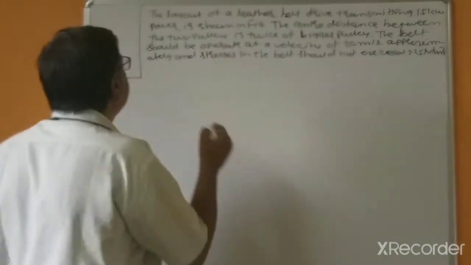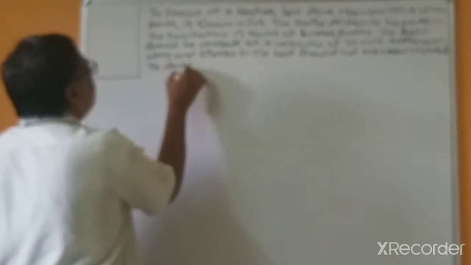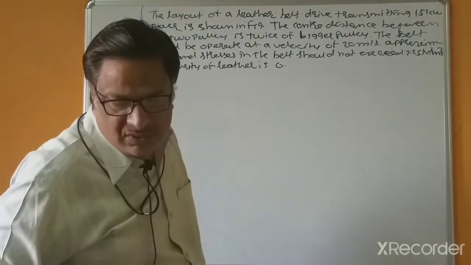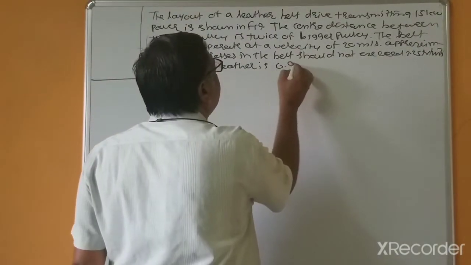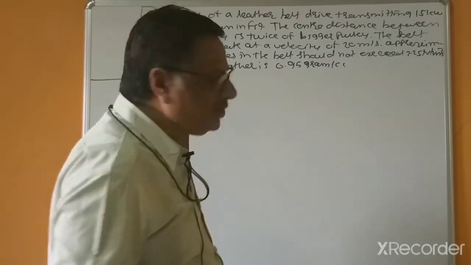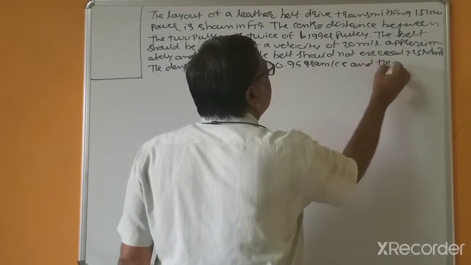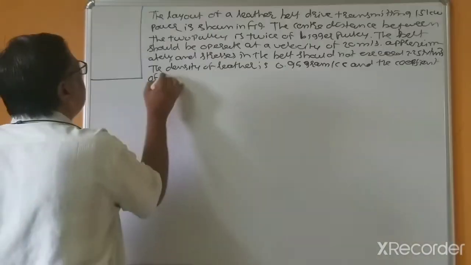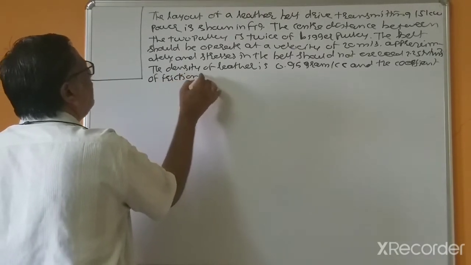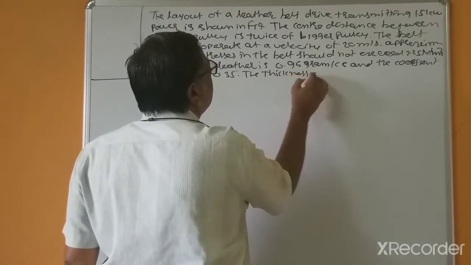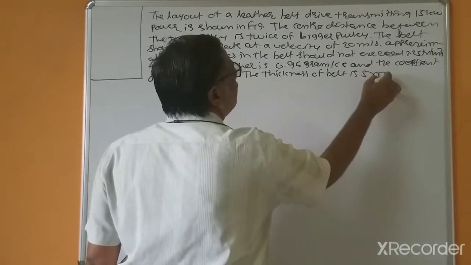The density of the leather is 0.95 gram per cc, and the coefficient of friction is 0.35. The thickness of the belt is 5 mm.